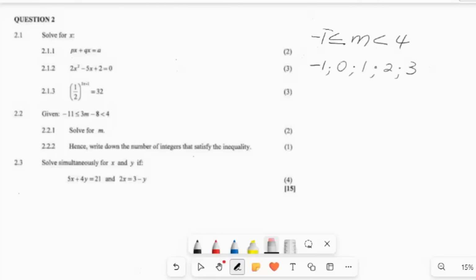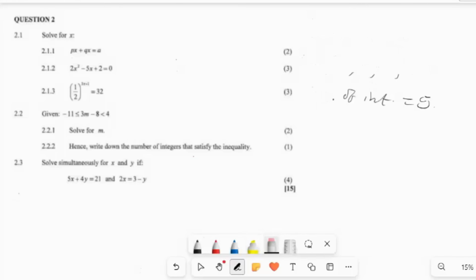But now because we don't have equal to, we don't include 4. But the question did not ask us to list the integers. They say write the number of integers. How many integers? 1, 2, 3, 4, 5. This was just for us to find out how many integers there are. So the number of integers is 5. There are 5 integers that will satisfy this inequality.